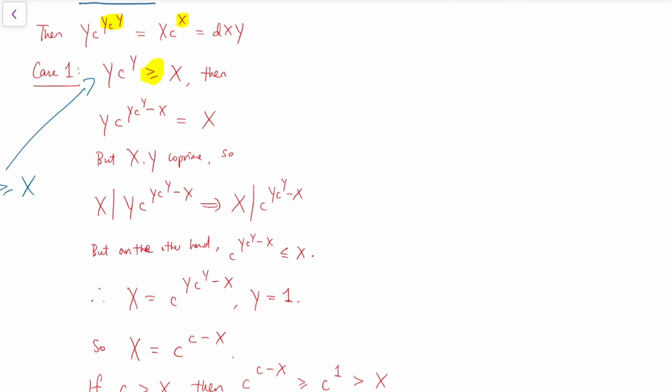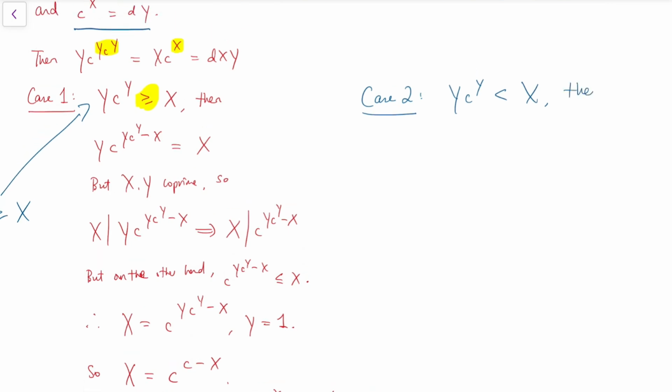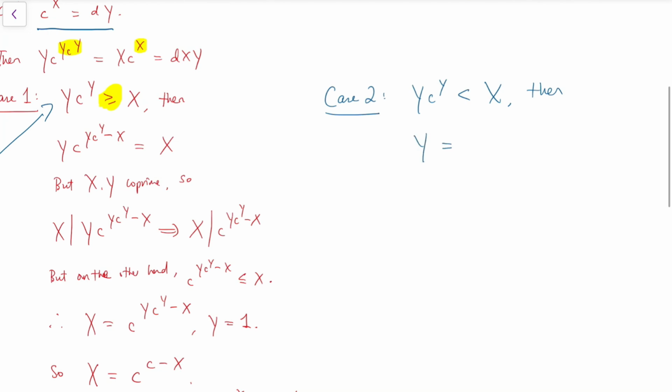Given that our first case is set in this way, where X is the smaller number, the second case would be Y times c to the power of big Y is less than X. Then I can say that Y equals X times c to the power X minus Y times c to the power Y. And actually, using a similar argument, I can say that big X equals 1.